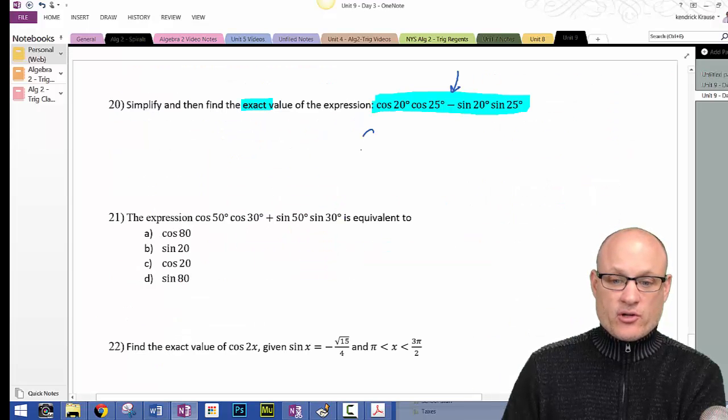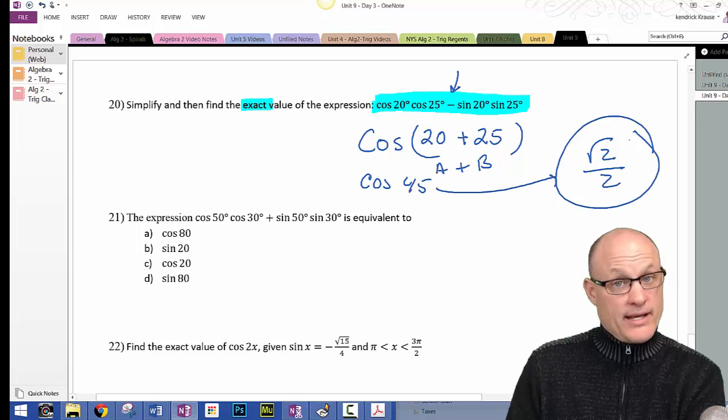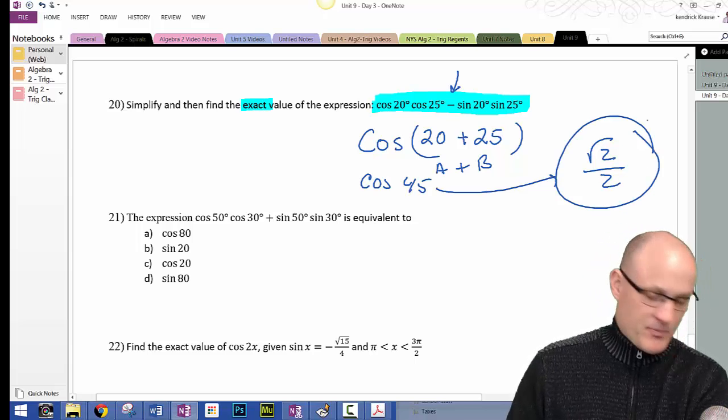So this is cosine of A plus B. Well, what's A? A is 20. What's B? 25. So this is really equal to the cosine of 45 degrees, which is radical 2 over 2. My answer. 20's done.